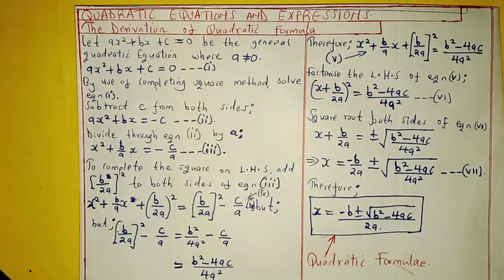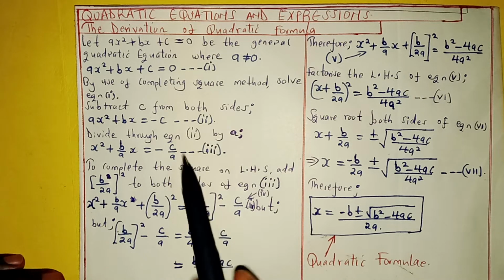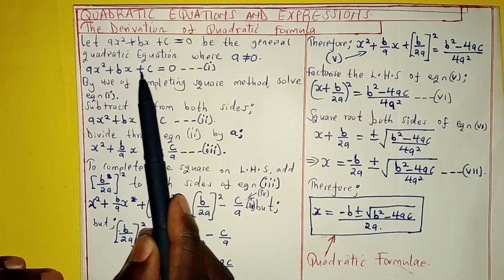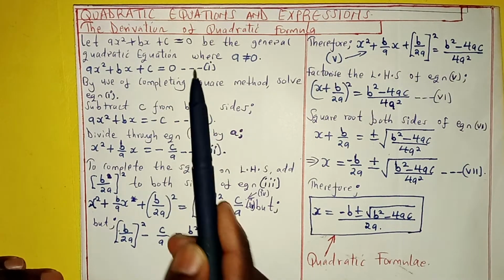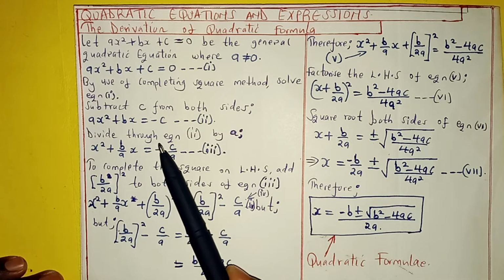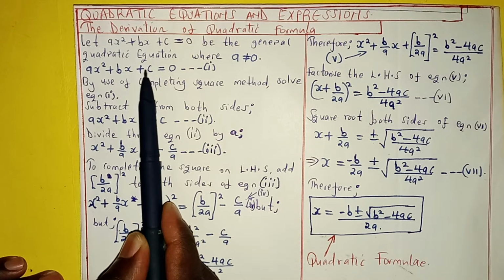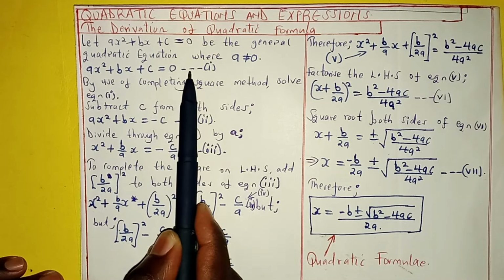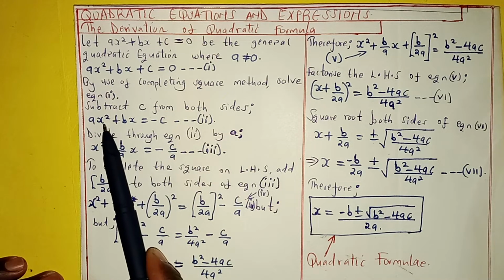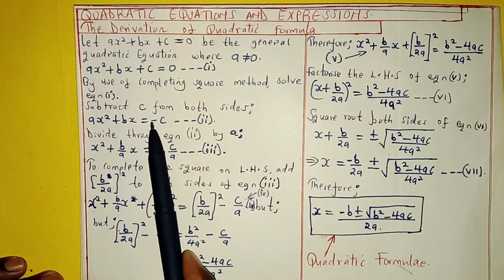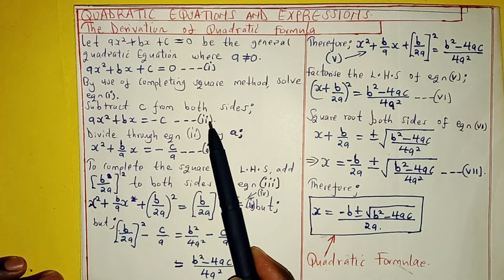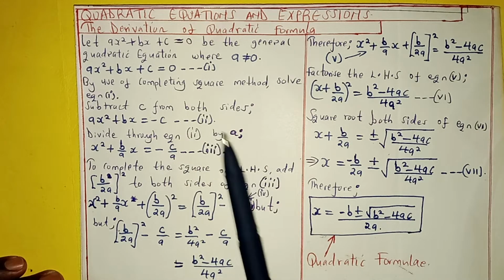Now, by use of the completing the square method, we have to solve this general quadratic equation, equation number 1. So we subtract c from both sides of the equation. The left hand side and the right hand side will give ax squared plus bx equals negative c, which is our equation 2.